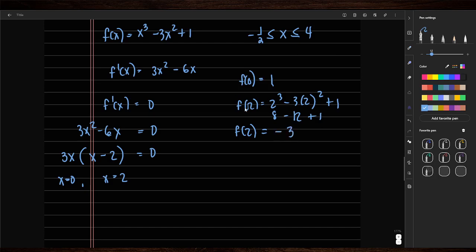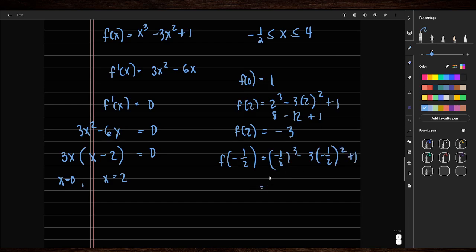And then, since we already plugged in the values of the critical numbers, we need to plug in the values of the interval. So that is -1/2. At -1/2, that is (-1/2) cubed minus 3 times (-1/2) squared plus 1.